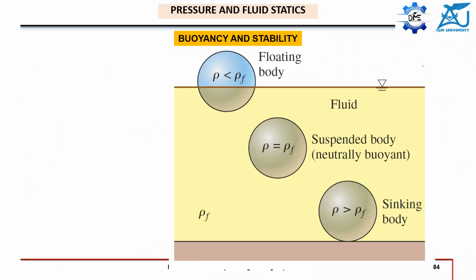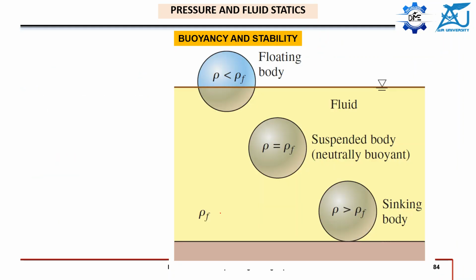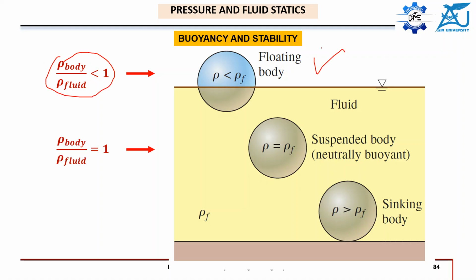Okay, so if this term, this rho of body divided by rho of fluid, is less than 1, okay, so the body will float. If this is equal to 1, this means the body will remain suspended at any depth where you will want it to be.